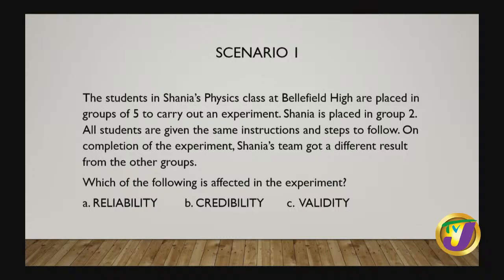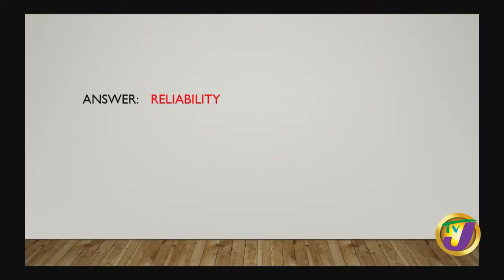Which of the following is affected in the experiment? Is it A, reliability, B, credibility, C, validity? What's the answer, guys? Certainly reliability. Remember, reliability has to do with consistency, yielding the same results.